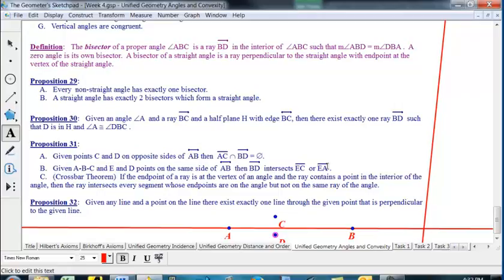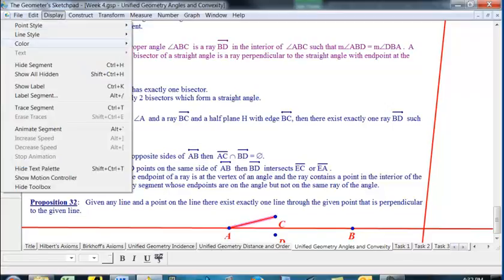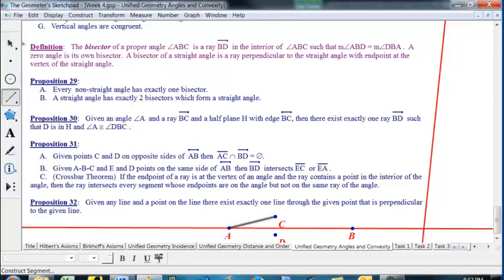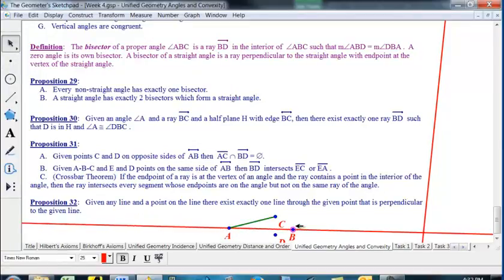Then C and D are on opposite sides of AB, and we look at segment AC, which is right here, and we want to look at, let's give it a different color, make it green. So segment AC, and we want to compare that to ray BD.